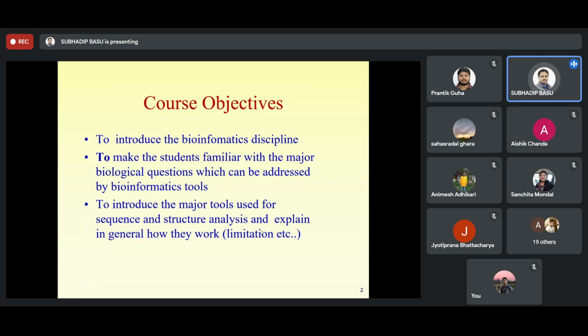So, another objective is to introduce major tools used in sequence and structure analysis, explain in general how they work and their limitations, and also what the limitations are and how you can overcome them. Can we design something unique? If you study this subject, can you design something unique and do a nice work?